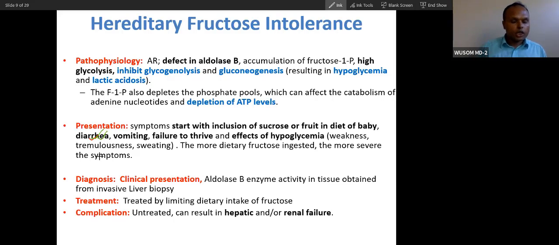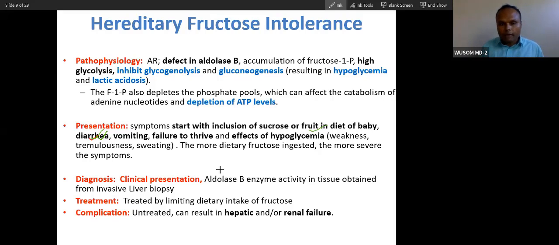You can see diarrhea. Even in the case of galactose, if it is not metabolized correctly, it will cause diarrhea, because the intestinal mucosa will also be affected. If it is not metabolized, everything is influenced. So because of this, fruit juice and sucrose, everything will cause it.